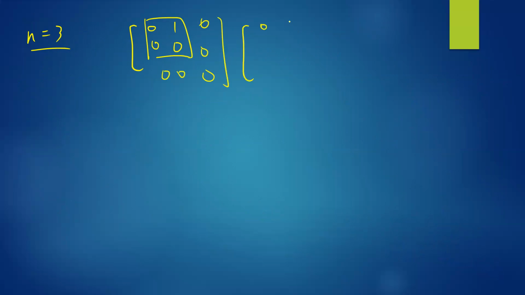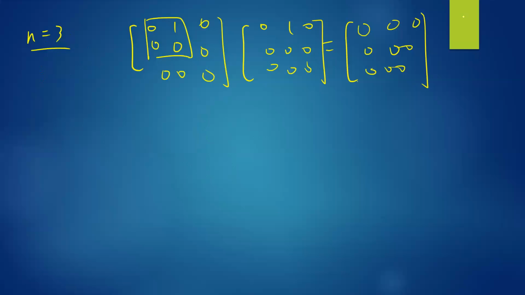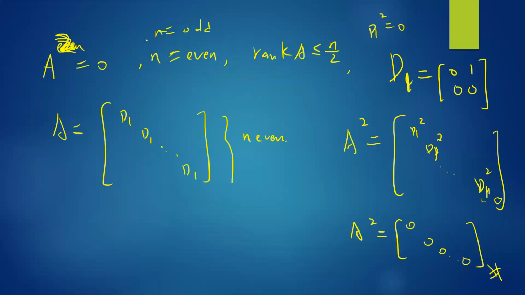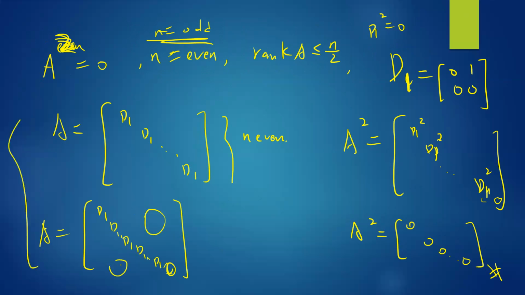I think these square to 0. Let's check. Yes, it's 0. So for the odd case, your answer A will be D1, D1, D1, and then a 0. Okay, so this is the construction.